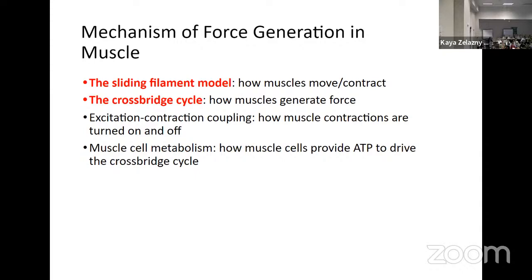Later on, we'll talk about how we turn those contractions on and off, and how exactly they get the ATP in order to drive that cross-bridge cycle, because different muscle fibers are going to do this in a different way.